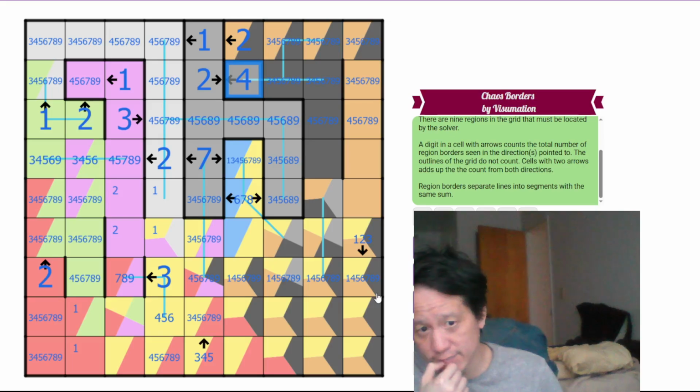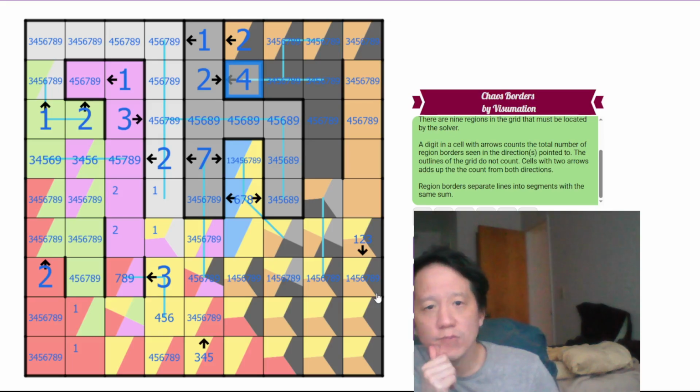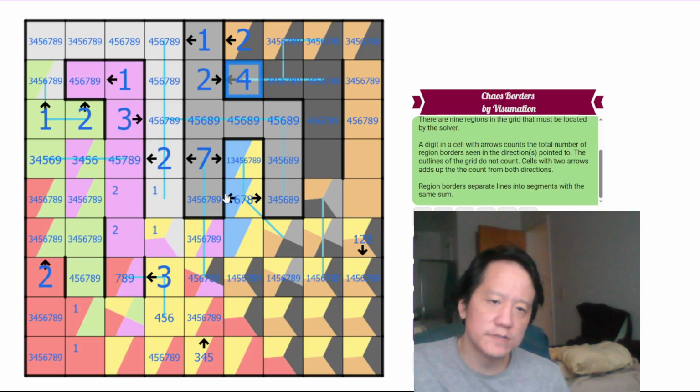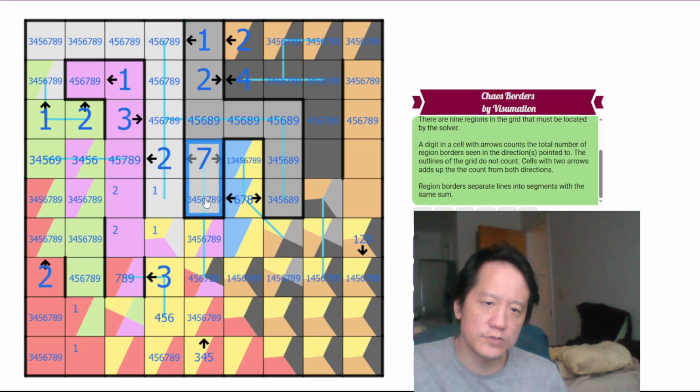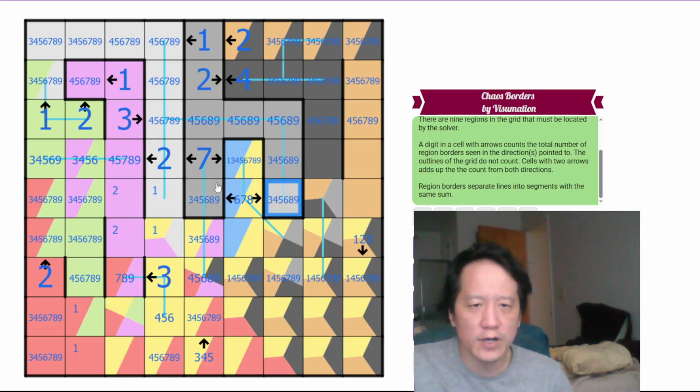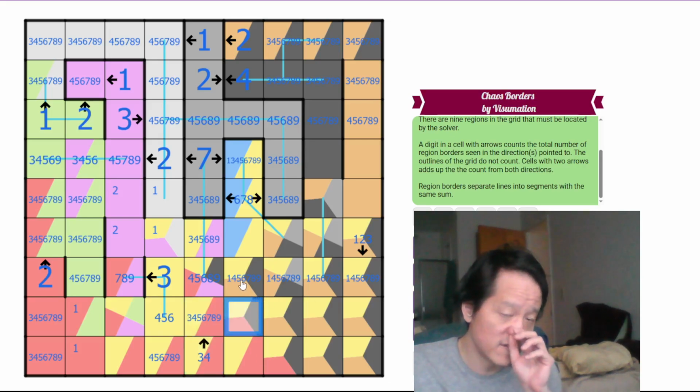But I can't for some reason. This is 1. These 2 would have to add up to these 2, so there's no 7 here. Okay, how many boundaries? 1, 2, 3, 4 at most, so this can't be 5.